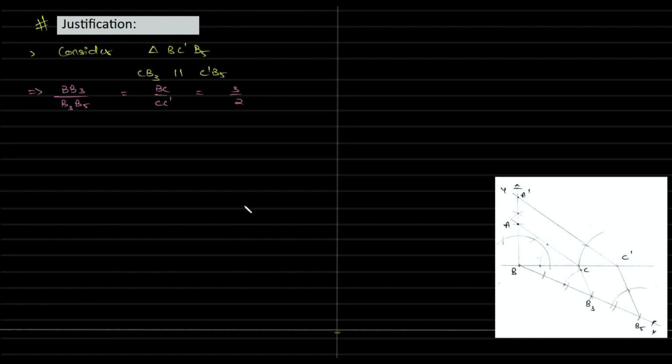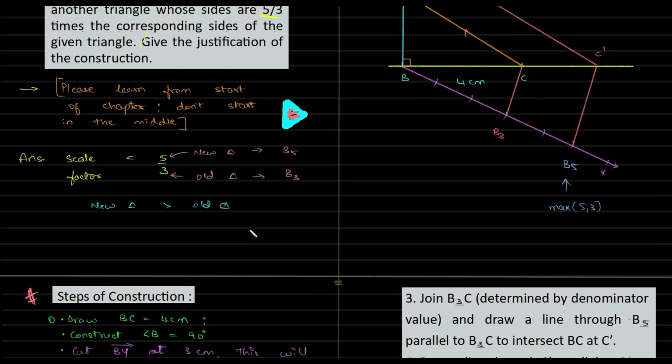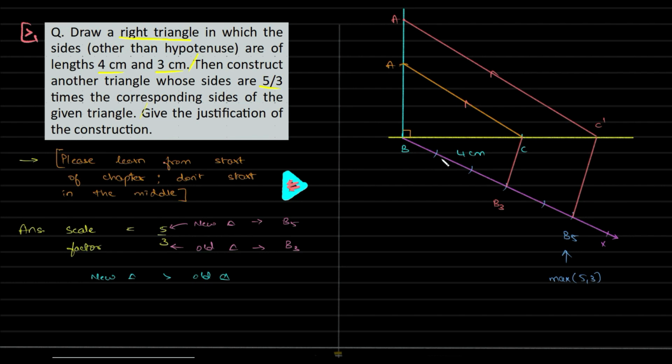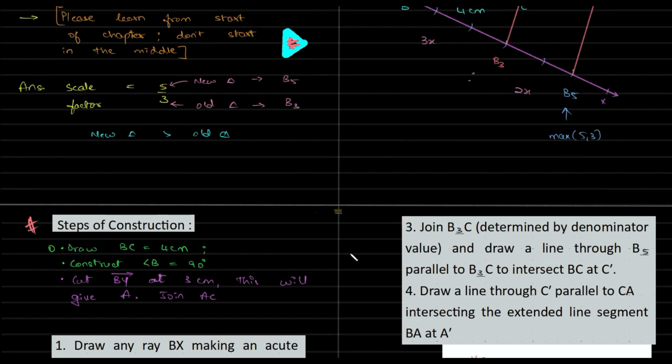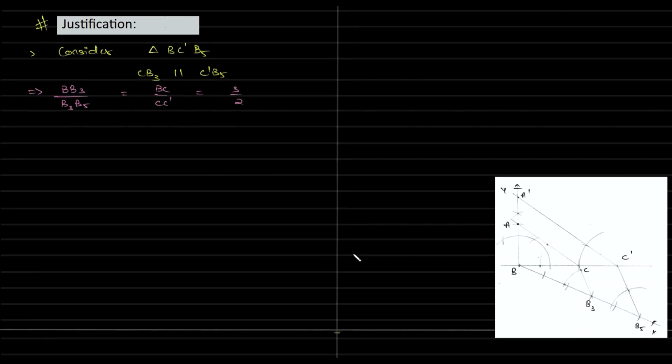How did you end up with this? See, the logic is quite simple. We know that if each of these are of length x, so this entire thing is 3x, and this is 2x. So the ratio will be 3:2. Here too we can see that, but it's convenient to show it over there.